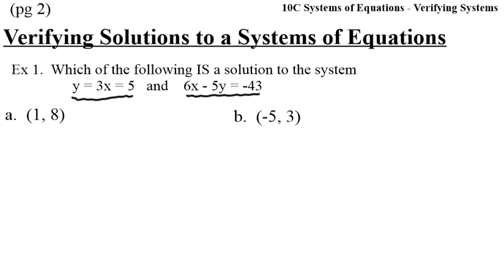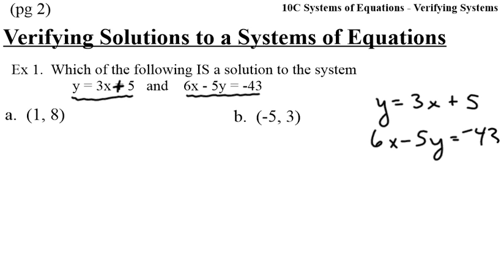So in this case, we have y is equal to 3x plus 5. Sorry, it should be a plus 5, not an equal 5. And we have 6x minus 5y equals negative 43. This is a system of equations because we now have two equations. But the other reason two equations come into play is we now have two variables that we're going to have to solve for.